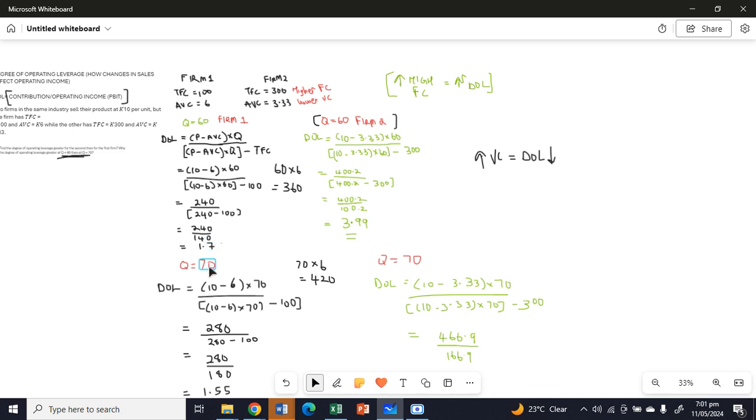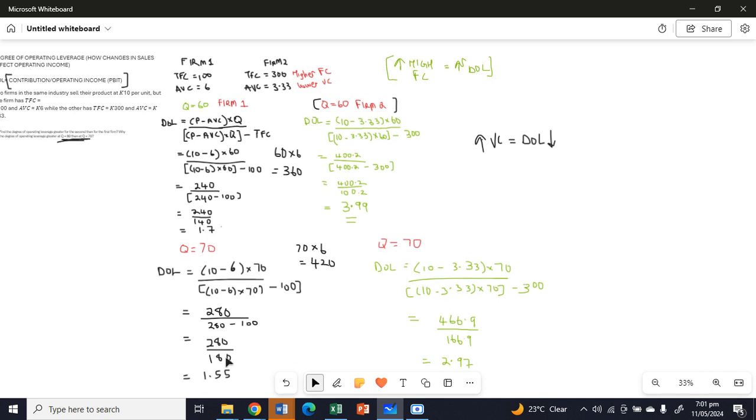When we increase the quantity, meaning also our variable costs increase, we see a drop in the degree of operating leverage. Similar with frame 2. At 60 units, the degree of operating leverage is 3.99. When we increase the number of units that we produce, meaning also our variable costs increase, we see a drop in the degree of operating leverage.